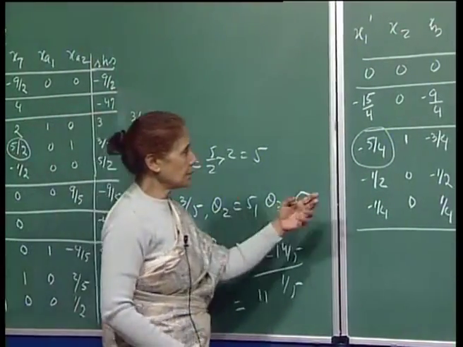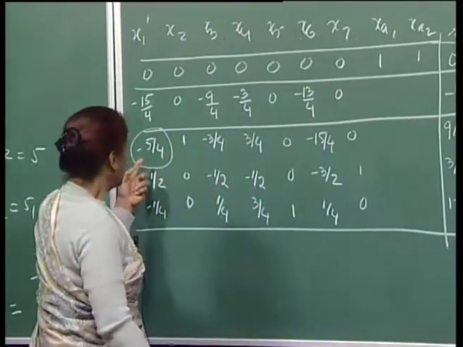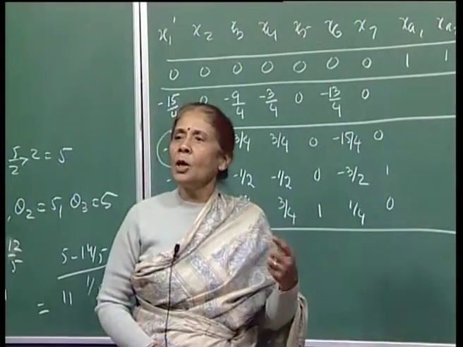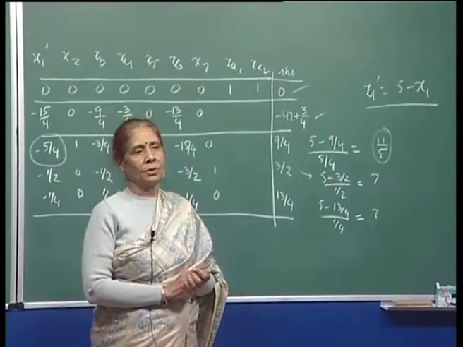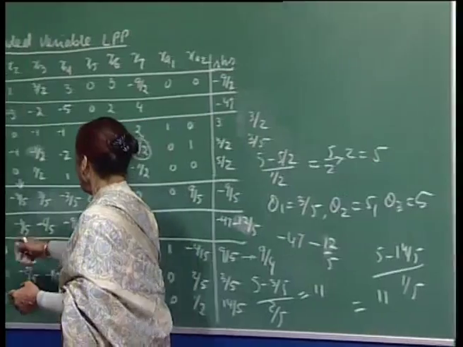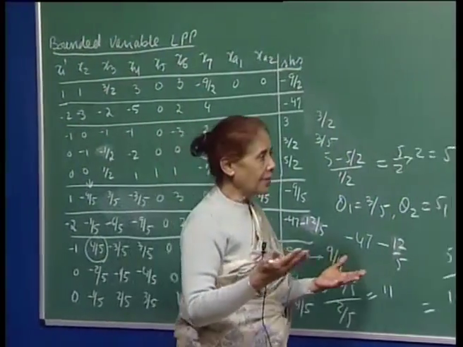So, that means when this variable becomes basic, x 1 prime is now a candidate for becoming a basic variable. So far x 1 prime was non-basic, so that meant that your x 1 was at level 5.